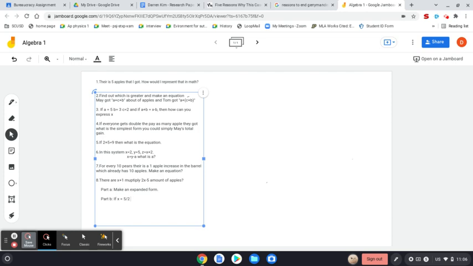This one I can do ABCD. And then what is the total amount of apples? Actually, this can be possible because I didn't define x, so never mind, I'm wrong. This would work.